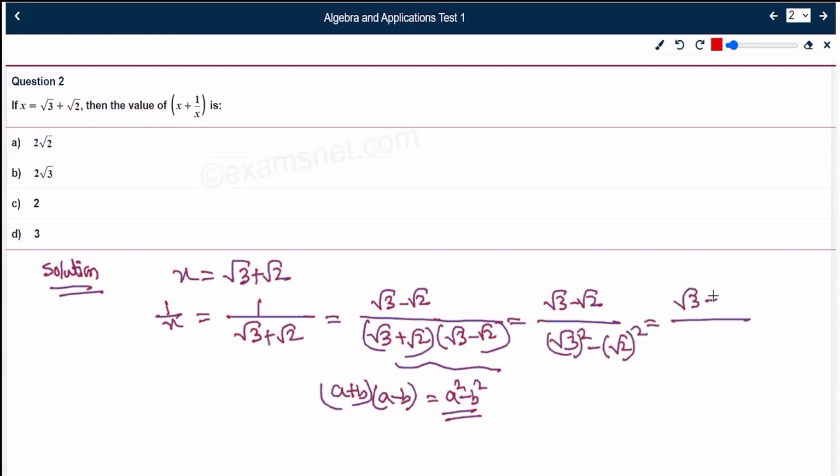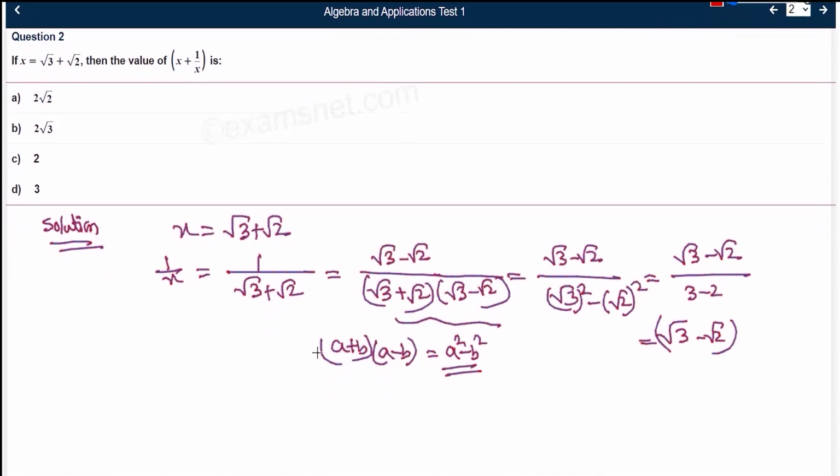That means √3 minus √2 over 3 minus 2, so it becomes √3 minus √2. That's the value of 1 by x. Now we are going to use both the values in the expression of x plus 1 by x, that is √3 plus √2 plus √3 minus √2. As you can see, plus √2 and minus √2 both get cancelled, and the result is 2√3. So here option B is the correct one.